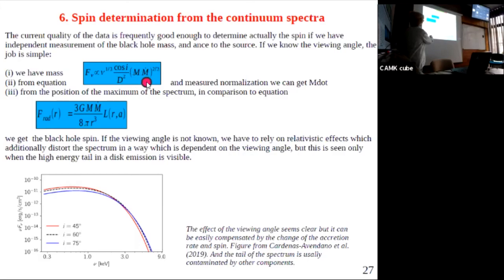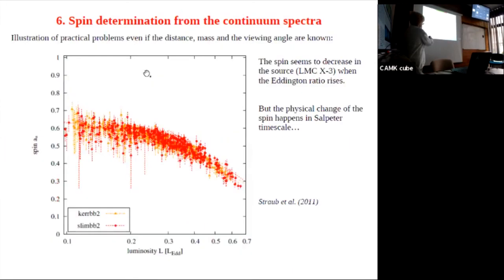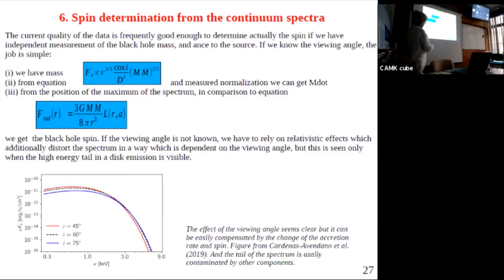Then if you know the black hole mass, from the power law part you can calculate the accretion rate, because this power law part does not depend on the spin. And then if you see the peak of the luminosity, you already have an accretion rate, and then you can determine the spin easily.